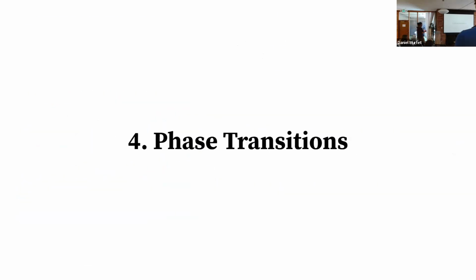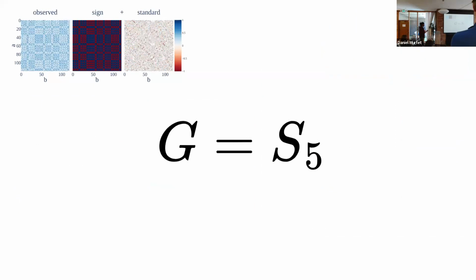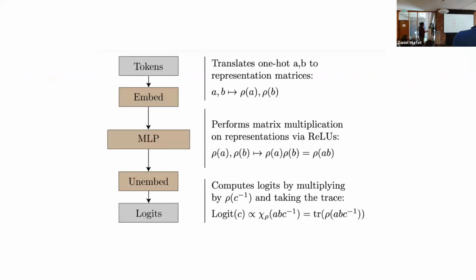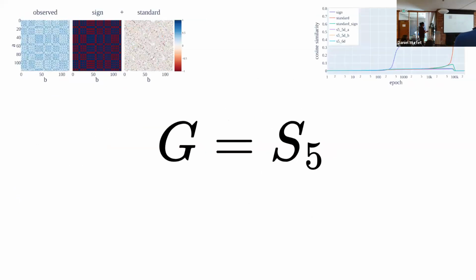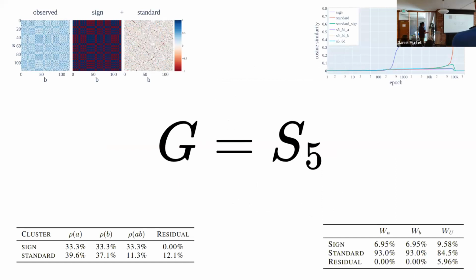We looked at every point we could. This table studies the embeddings and the unembeddings. This table studies the MLP activations. This figure and this figure study the logits. Thank you.